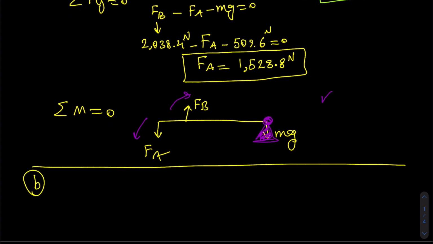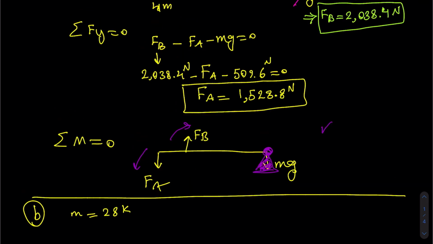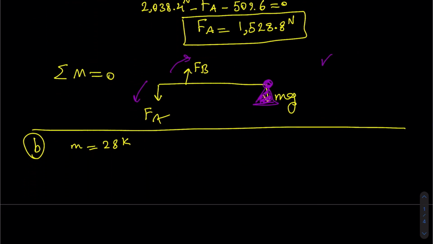In part B, we are taking into consideration the mass of the board, which is equal to 28 kilograms. So we will use exactly the same model here, and let me draw it.